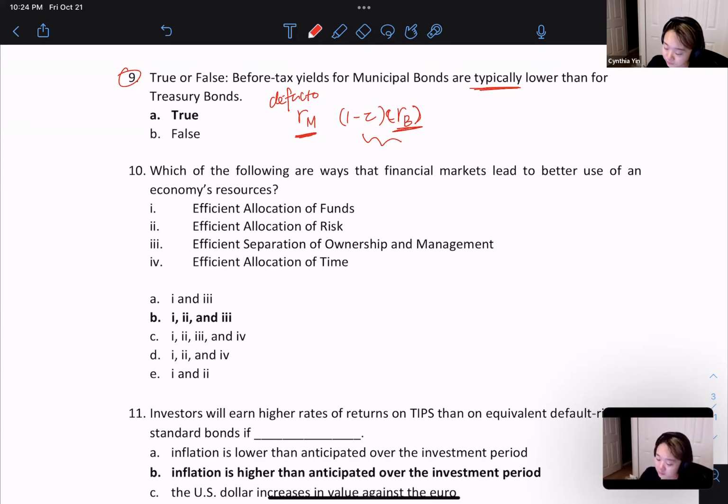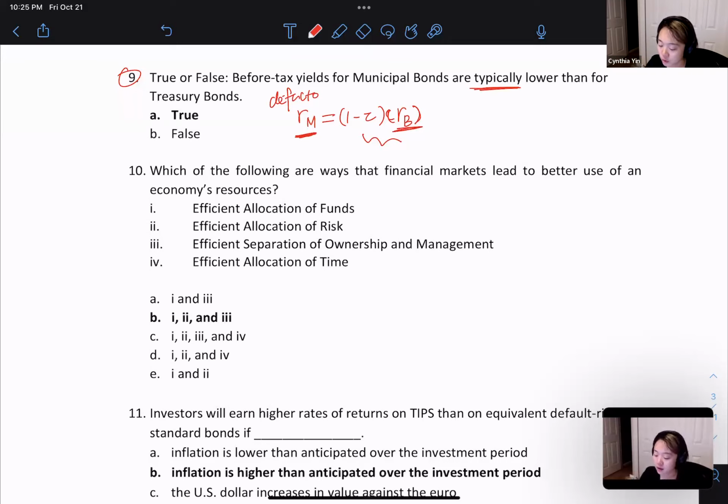So in other words, these two should be approximately equal, so that people don't strongly prefer muni or don't strongly prefer treasury bond. Because if they strongly prefer any one of them, it will move the return, will move the price around. And the equilibrium, or the stable period, will be when this equation approximately holds.